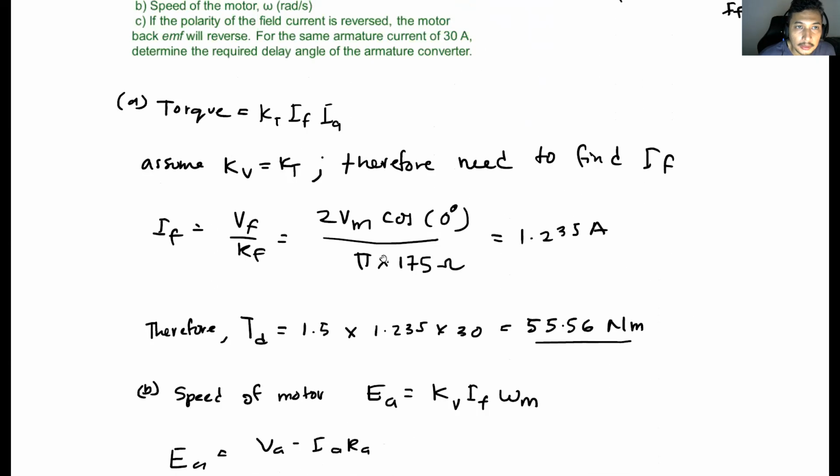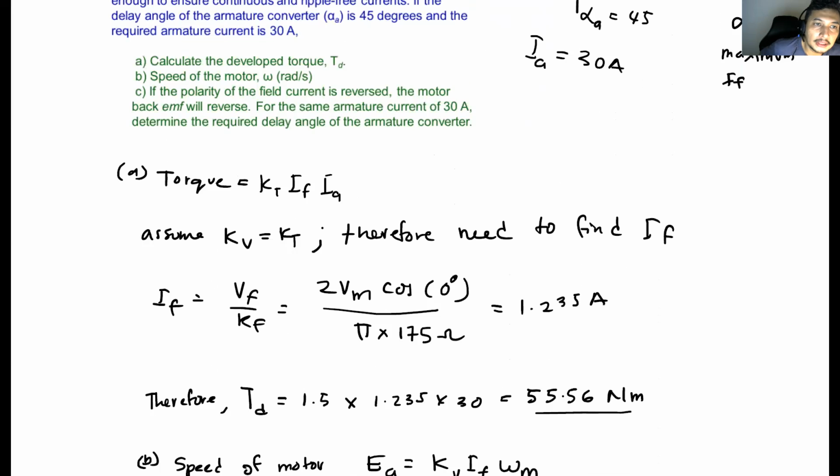Right now let's see the last question, which I think is the most interesting part in this example. If the polarity of the field current is reversed, the motor back EMF will reverse. Why?